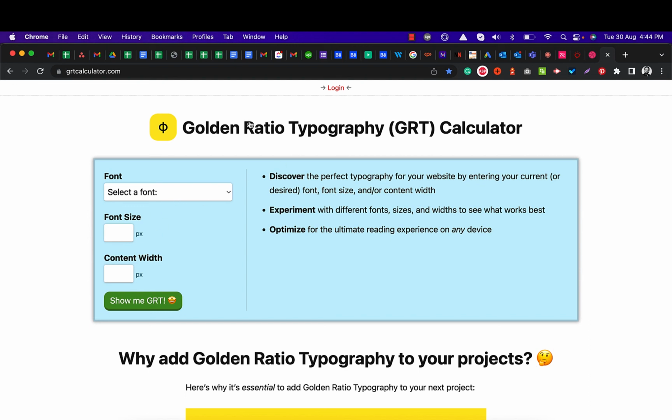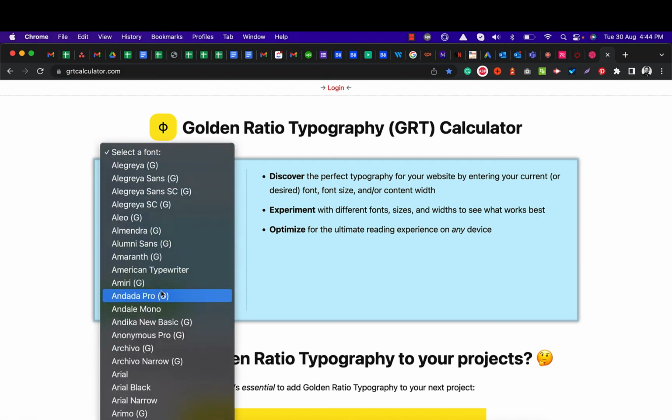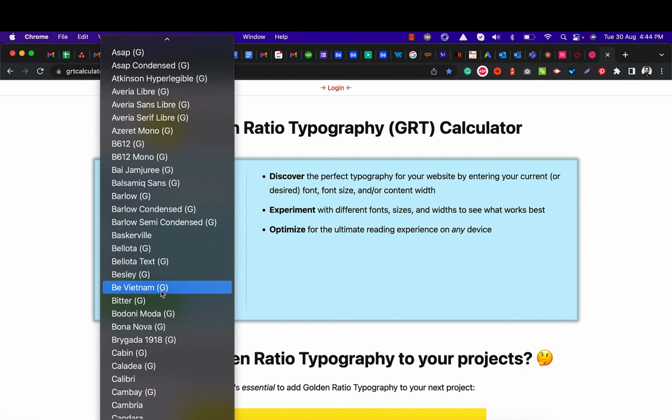Why am I showing this? You select a font. Let's suppose I am using Roboto.